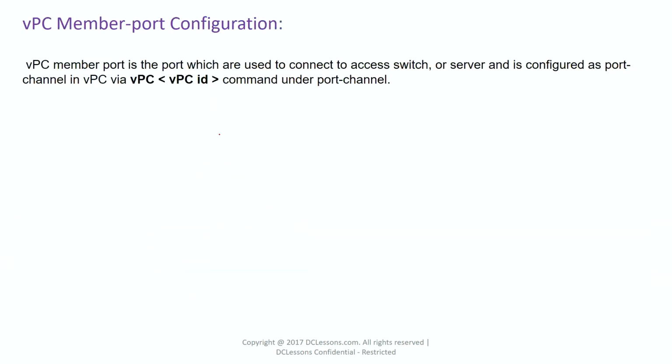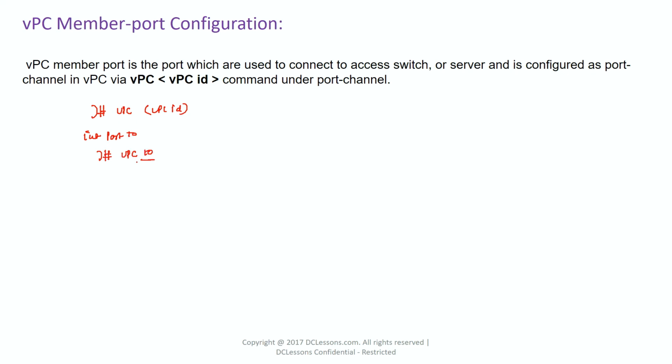Now, what is the VPC member port configuration? The VPC member port configuration is configured like that. VPC ID, right? We have to create a port channel 10, and under that we have to write vpc 10.